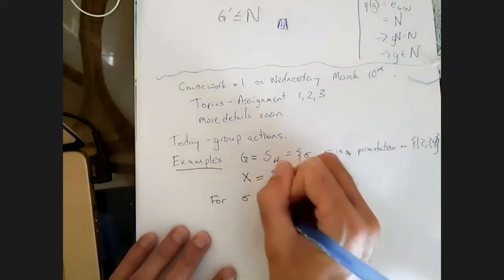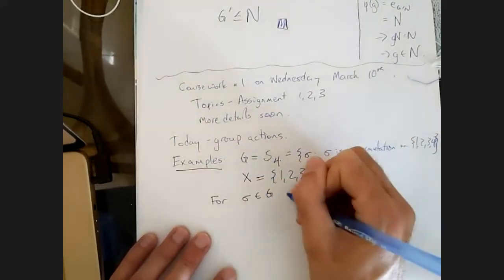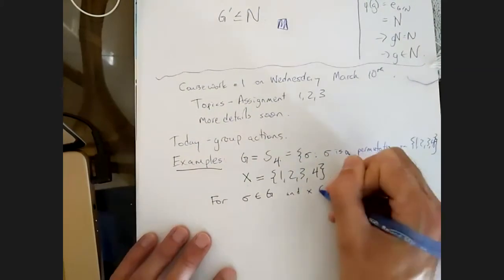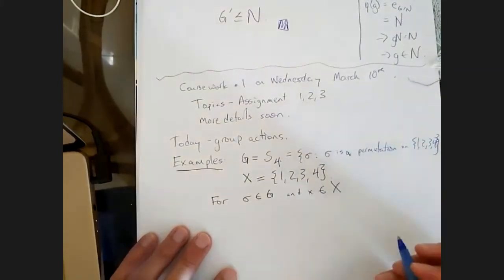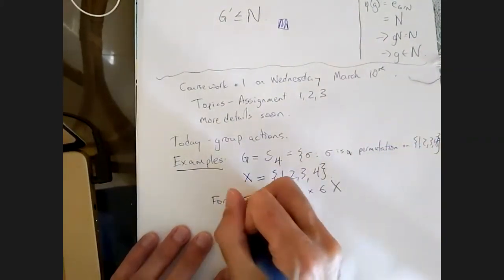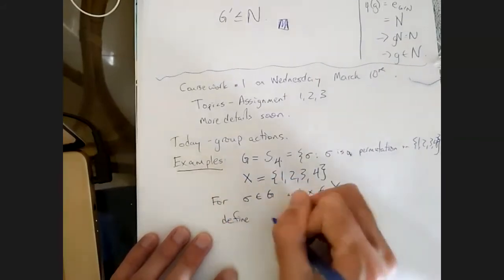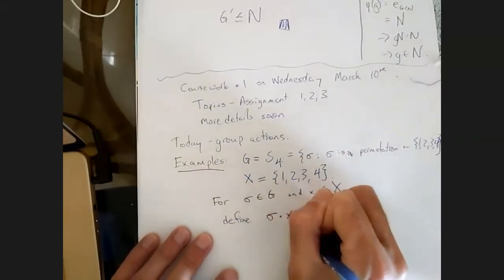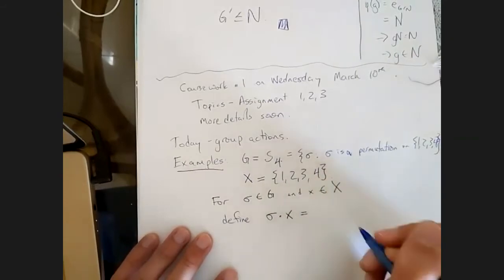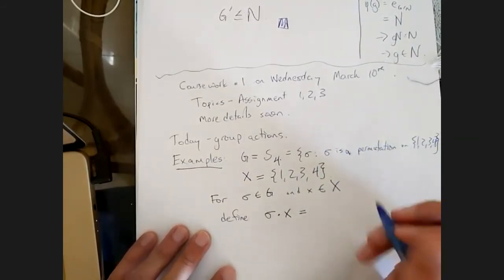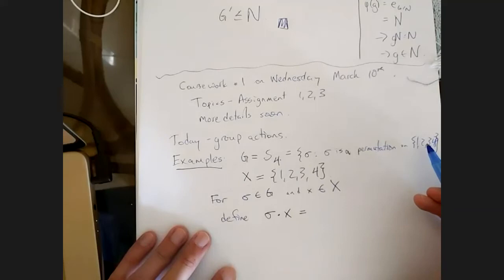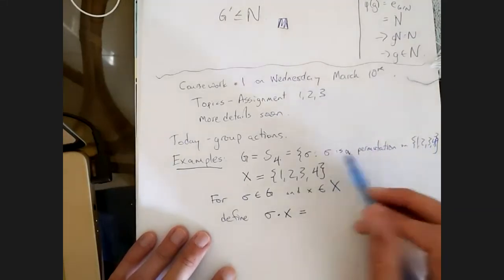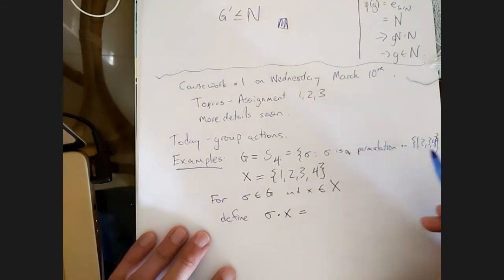So for a permutation sigma and X in the set, define sigma times X to just be, well, sigma is a function from 1, 2, 3, 4 to 1, 2, 3, 4.